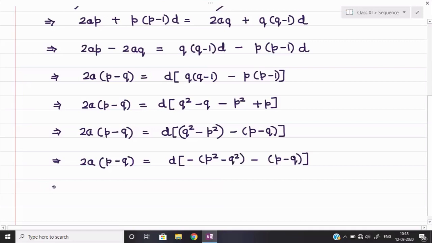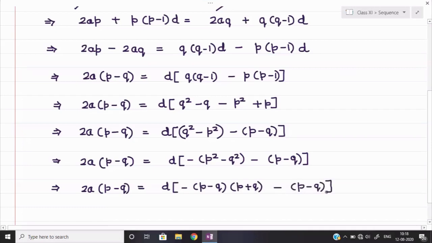Now here I will apply the formula a square minus b square. So 2a into (p minus q) is equal to d into the bracket, minus sign, then this will become (p minus q) into (p plus q), and then minus again (p minus q) as it is.